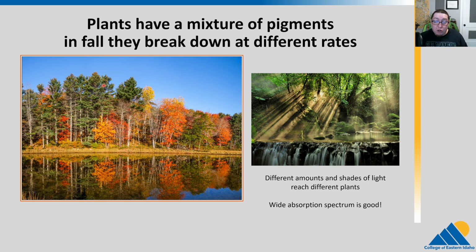So like evergreen trees, many of our conifers and things like that, they have chlorophyll that sticks around. But in other ones, they kind of go dormant in the winter because the light quality is lower. And we start to see the chlorophyll break down first, and then we see those carotenoids mainly showing their presence here, reflecting the oranges and the reds and the yellows that are in there.